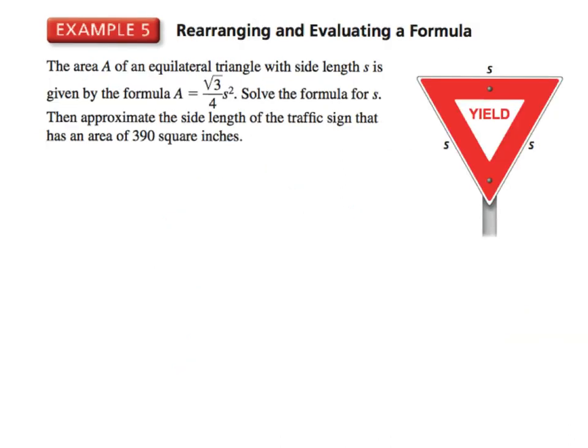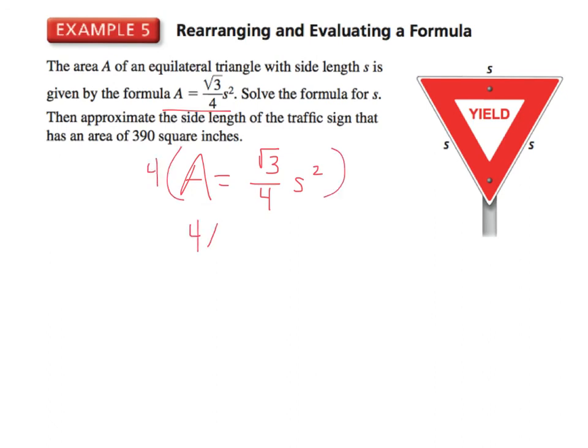Example number 5. The area A of an equilateral triangle with side S is given by this formula. Solve the formula for S. So solving the formula for S would mean getting the S by itself. Well, step 1, multiply everything by 4.